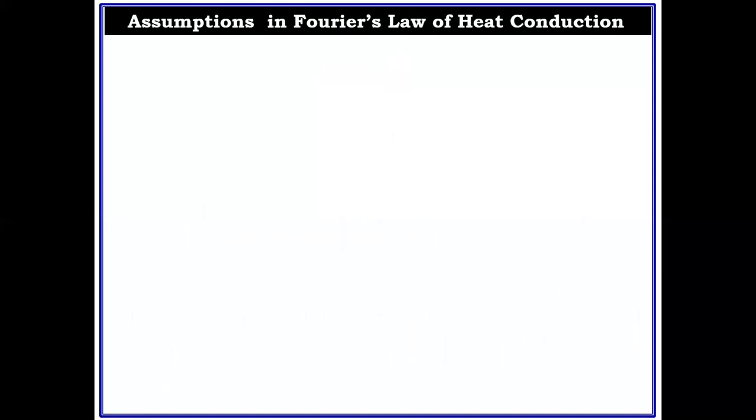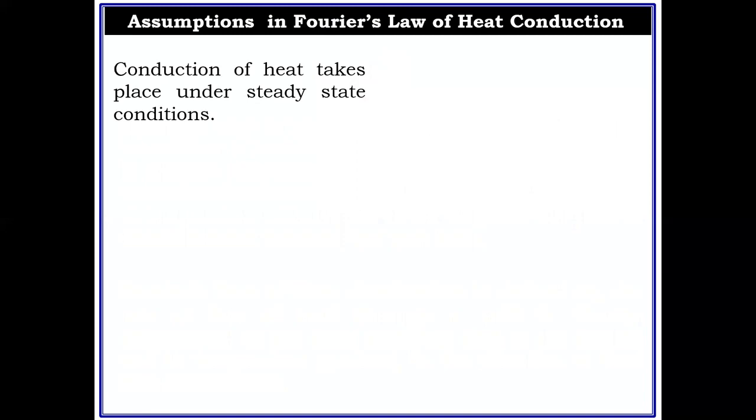Now what are the assumptions we considered while deriving this Fourier's law equation? So the assumptions are: first, conduction of heat takes place under steady state condition. So what is the steady state condition? Steady state means there is no temperature change even though we heat that object for more time, its temperature remains the same.